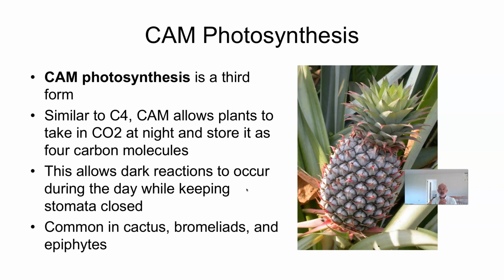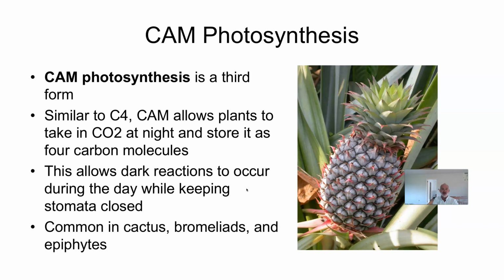These store it not as carbon dioxide, but as a carbon molecule that can be stored in vacuoles in a part of the leaf's cells. That way, during the day, if it needs to, it can shut down its stomata and have that backup supply of carbon so that the dark reactions continue to happen.